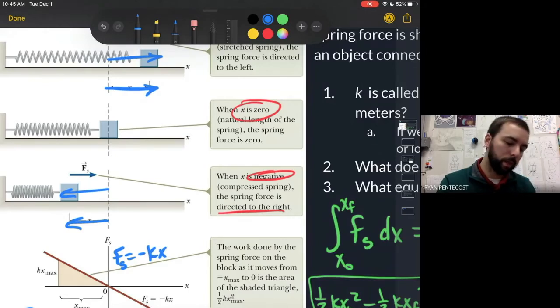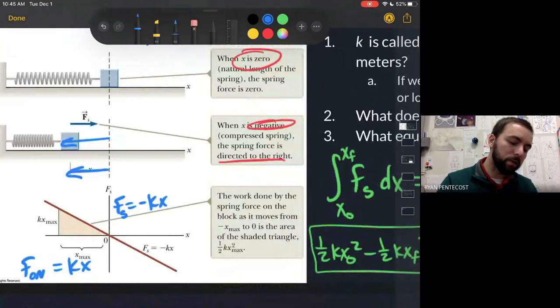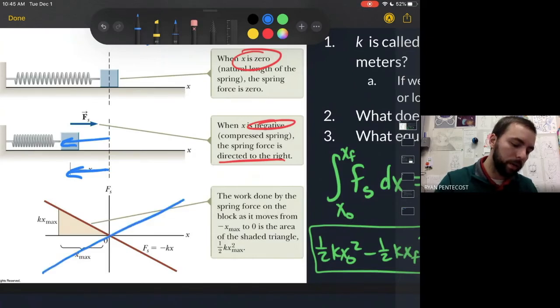So that's how this is. The graph for the force on the spring would look like this. With a negative x, you have a negative force done on the spring. Then when you have a positive x, you have a positive force done on the spring.